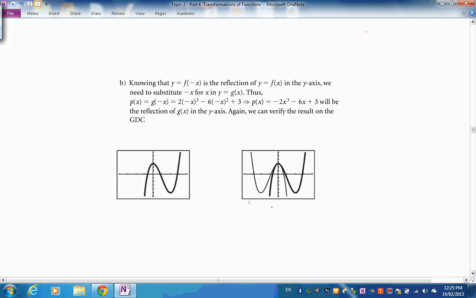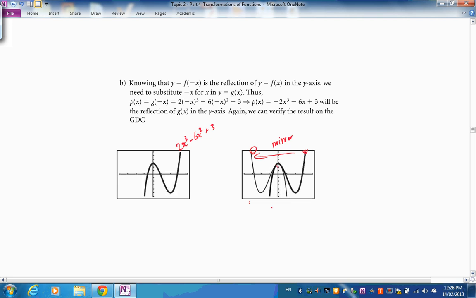So let's take the same function. So here this function was 2x cubed, take 6x squared plus 3. Starting there again. This time we want the y-axis to be the mirror. So this point is going to go over here, go across that way.